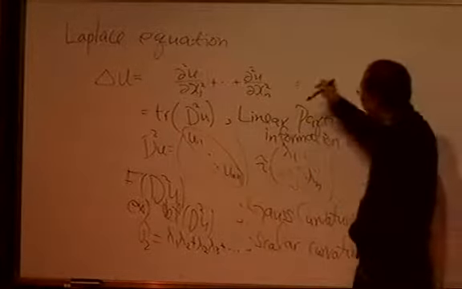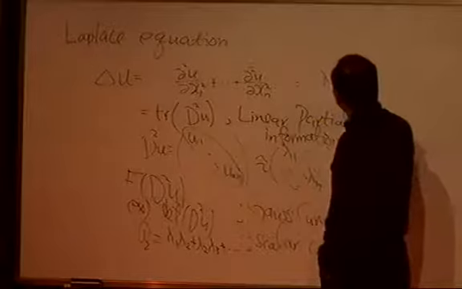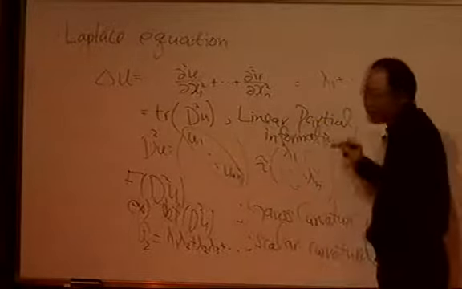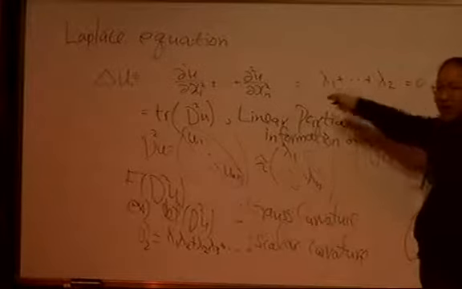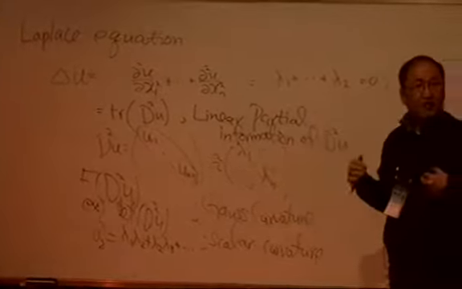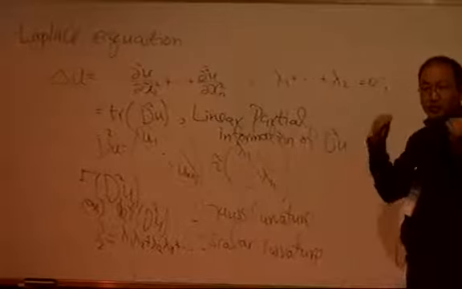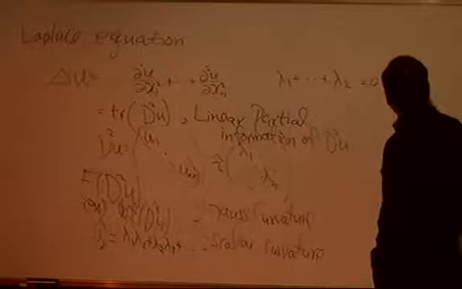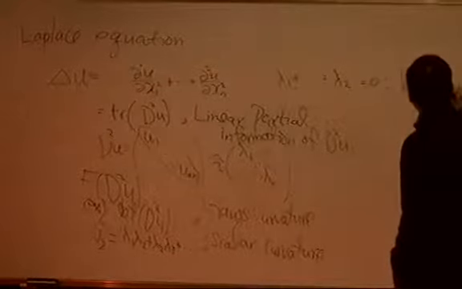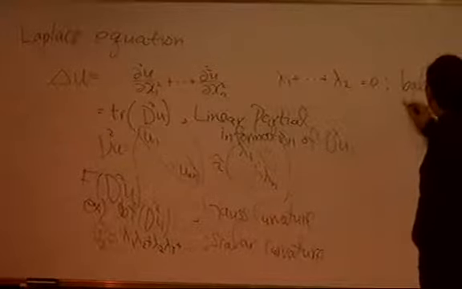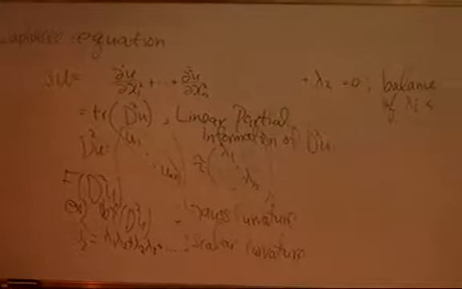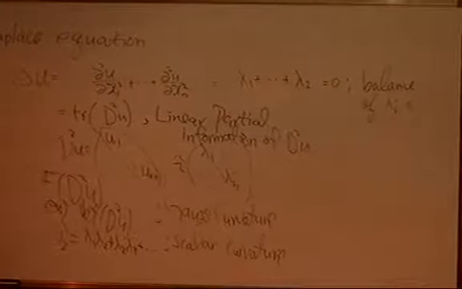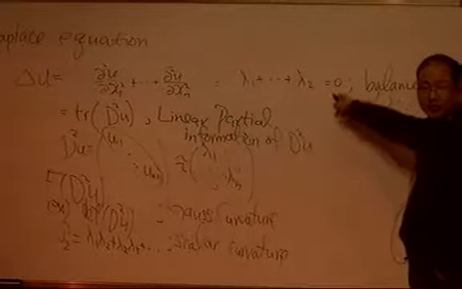So basically this is the sum of eigenvalues of the second derivatives. Let's say this is 0, then this is like a balance equation of the second derivatives. That's another way to look at the equation. It is the balance of the lambda i's. That is not an equation until I set it equal to 0, so then it is an equation.